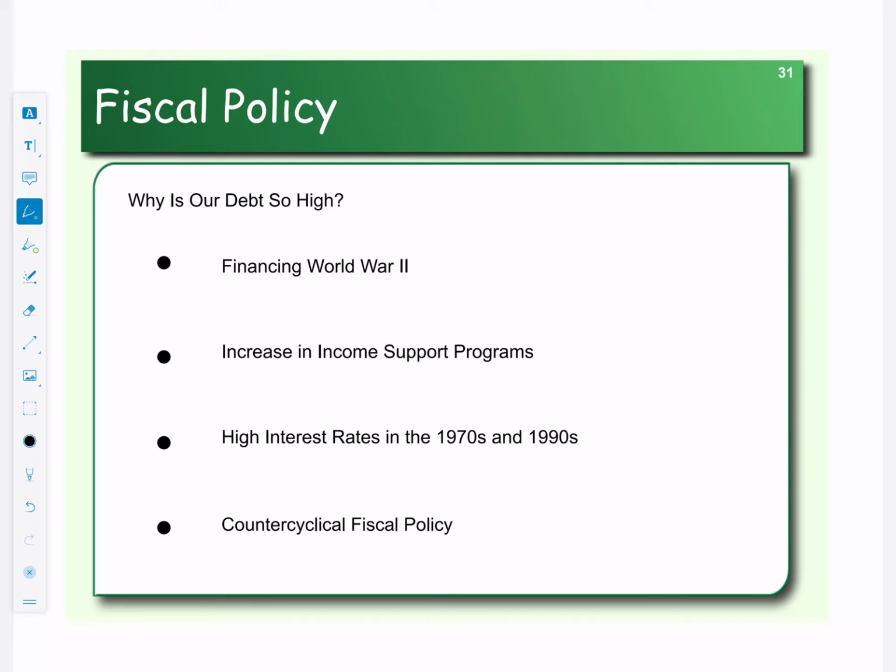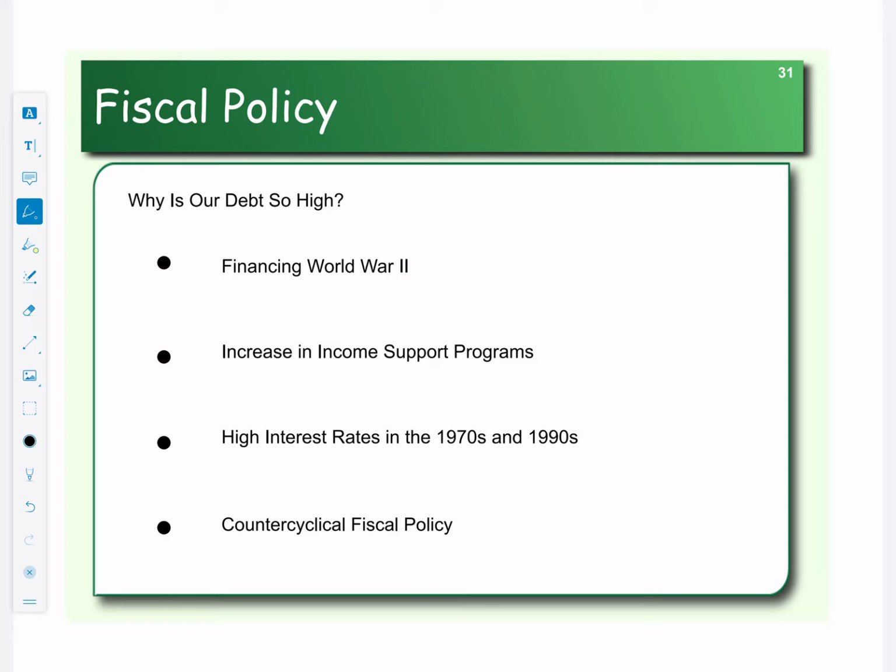So the problem is we borrowed a bunch of money for these income support programs during a period of high inflation. So we had high interest rates on those loans. And so we're still paying off those initial income support programs from the 70s. We had high interest rates again in the 1990s.